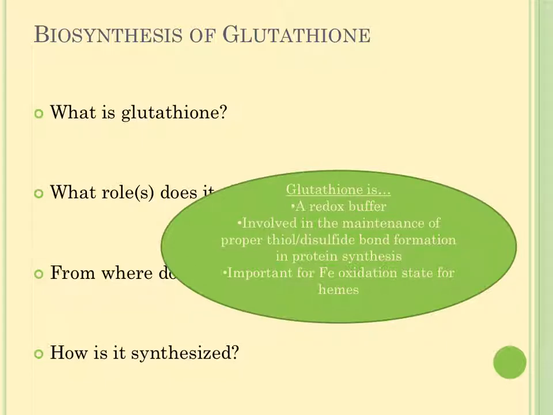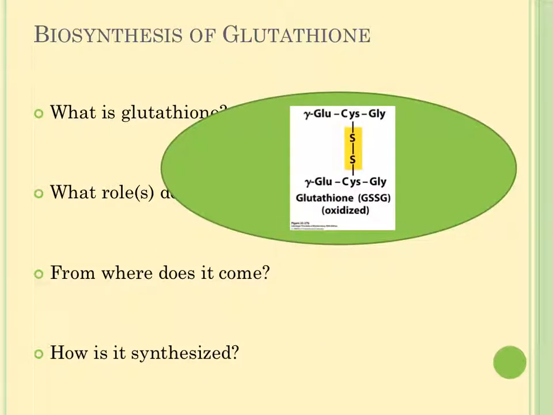I apologize, I didn't show it in the reduced form. I only showed it oxidized. But that's easy to draw. The reduced form, gamma. That's a C, not an L. There it is.